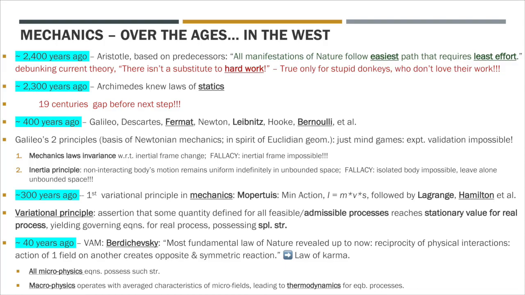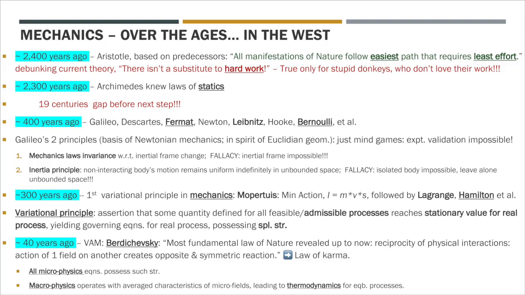Nobody knew physically what it meant. And later on people started calling it action. So he said that we have to minimize action. But later on it was shown that this action is nothing but the kinetic energy with a factor of 2 here and there. So this was followed by Lagrange and Hamilton to a much more refined mechanics or variational principles for mechanics that we know of today.